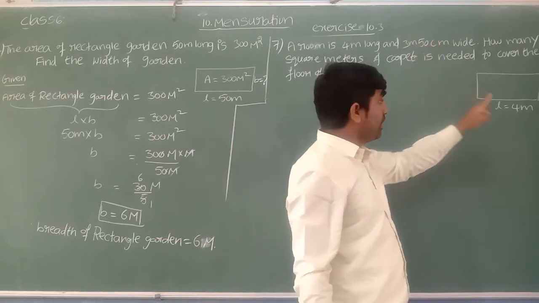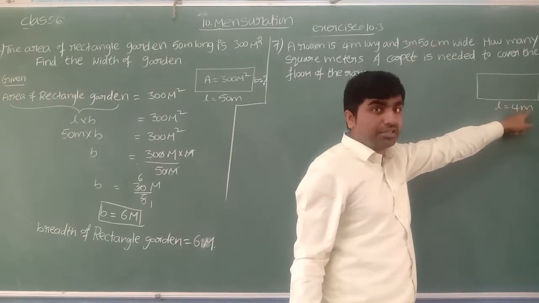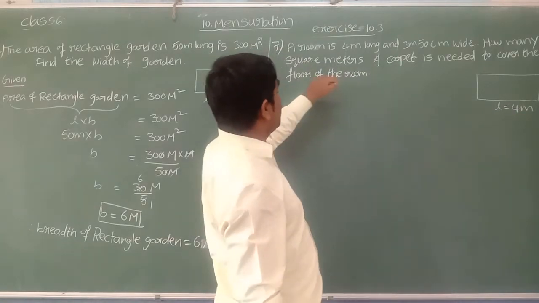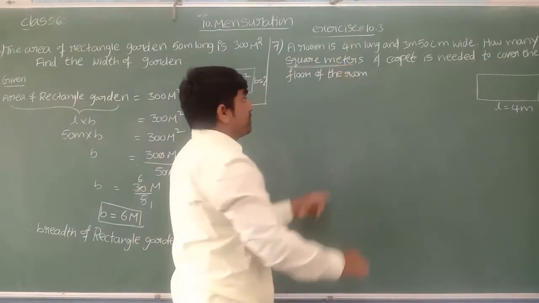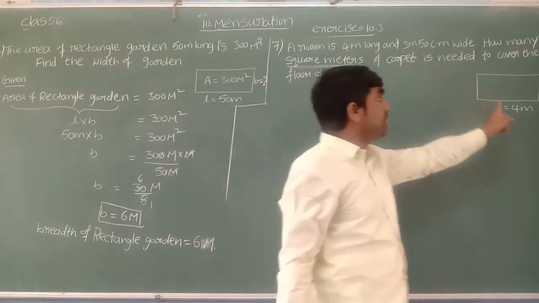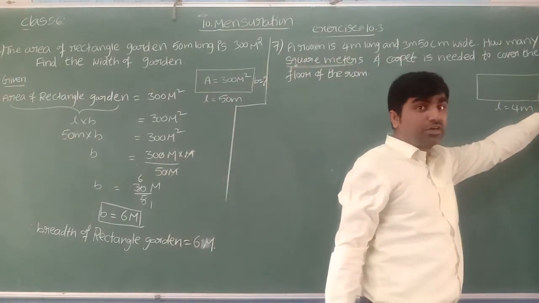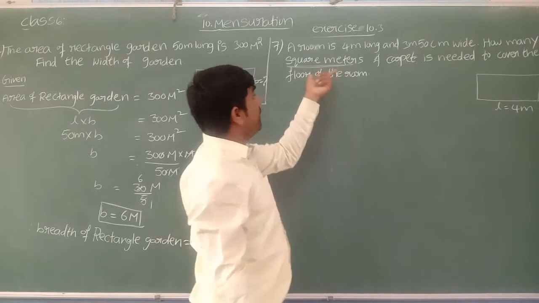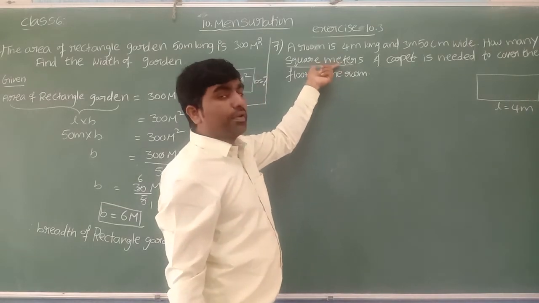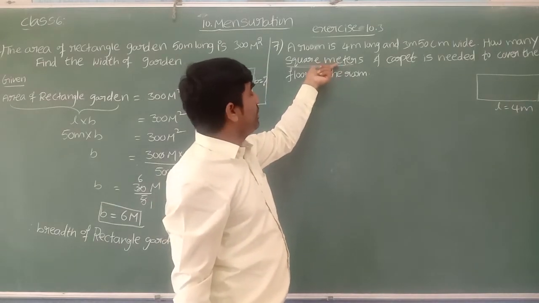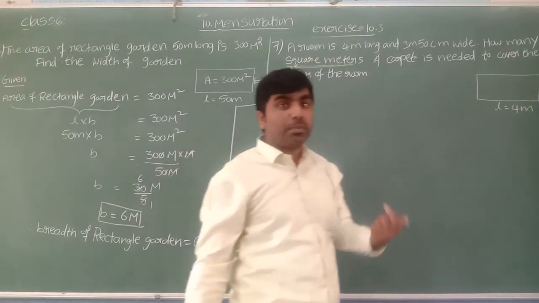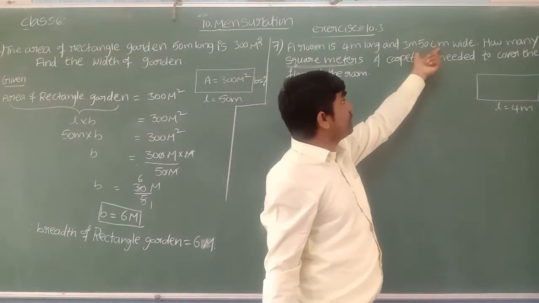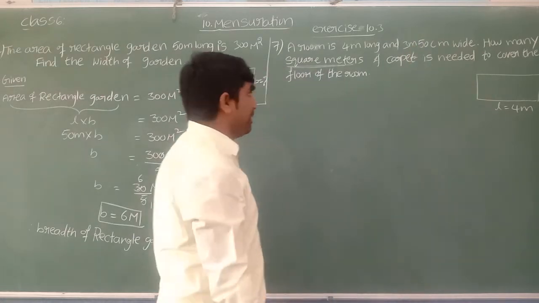The reason is the length is in terms of meters, and we are asked to find the area in square meters. We get square meters when the length and breadth are both in terms of meters, so we express this also in meters.